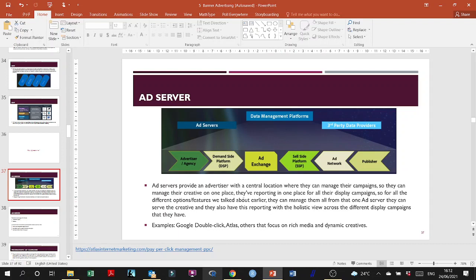So for all the different options and features we talked about earlier, they can manage them all from that one ad server, serve the creative, and also have this reporting capability in a very holistic view across the different display campaigns that they have. All right, very good.